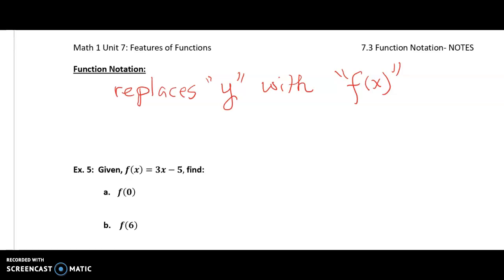Now we're going to replace y with the function notation f parentheses x parentheses, and the way you're going to read that is f of x.